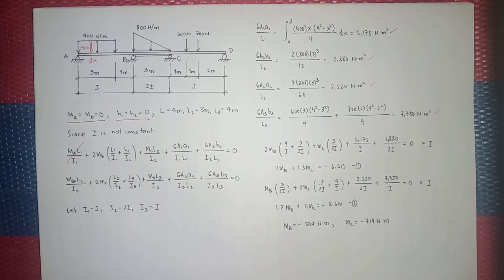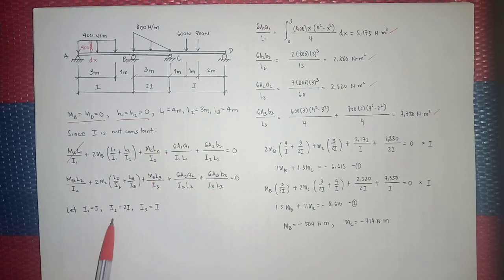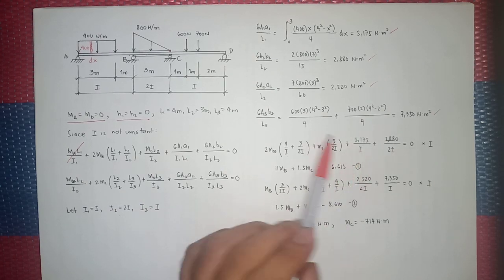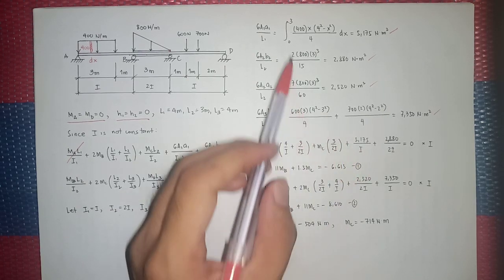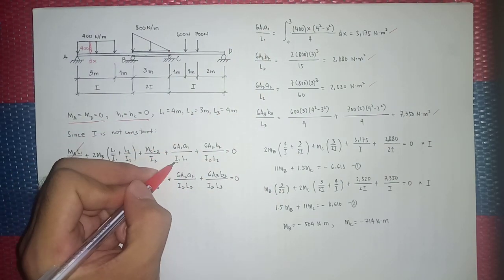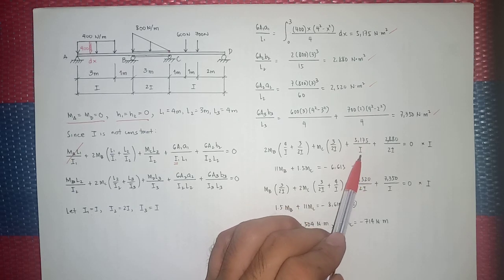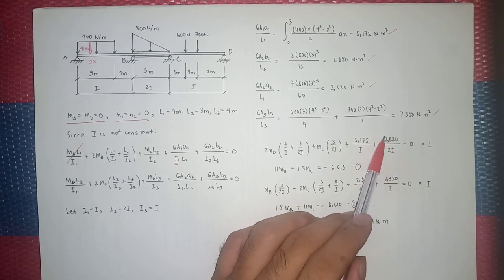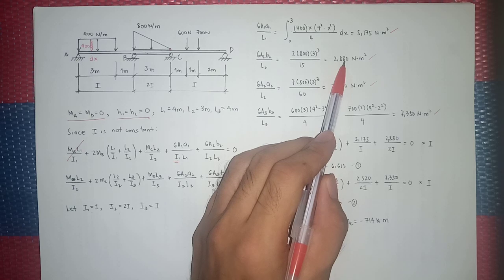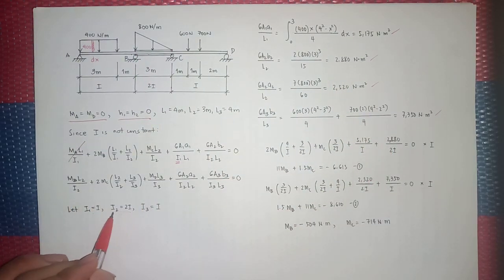I2 is 2I, nilagay din natin yan dyan. Plus MC times L2 na 3 meters divided by I2 na 2I, ito po yun. Plus, okay, this one, take note may I1 dito, no? But I1 is I, kaya ito ay 5,175 over I. Plus, 2,880, take note kasi right span, no? Over 2I, kasi yun yung moment of inertia dun sa span na yon.